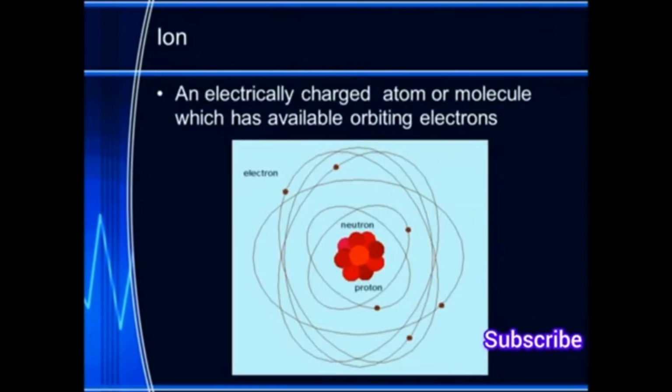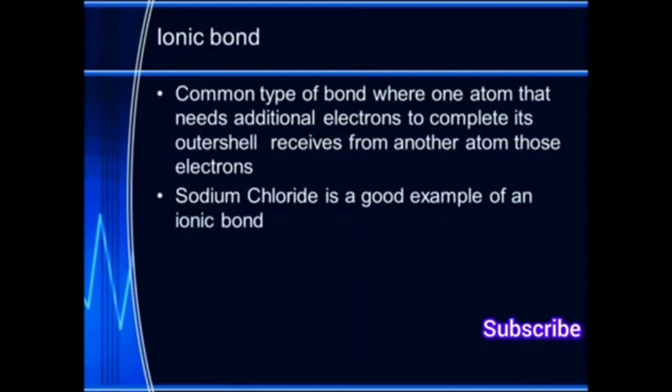An ion is an electrically charged atom or molecule which has available orbiting electrons. An ionic bond is a common type of bond where one atom that needs additional electrons to complete its outer shell receives those electrons from another atom. Your book describes this in more extensive detail, and you're welcome to read that.